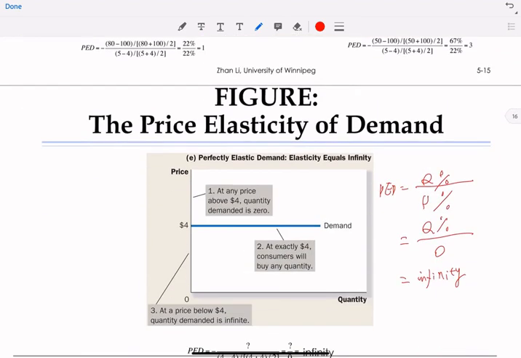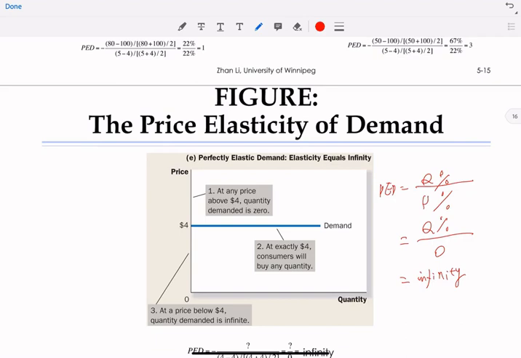And then if we continue to the last case, the demand curve becomes horizontal, and the elasticity becomes infinity, right?